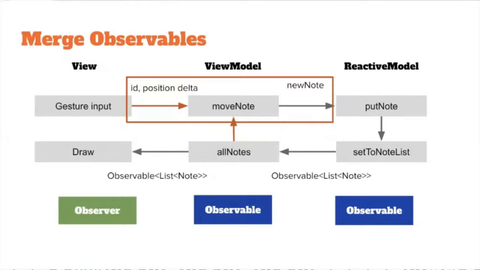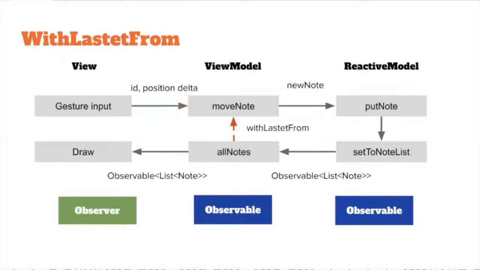But there are different operators in merge observables. We need to choose the correct one, and the correct one is withLatestFrom. We can use this operator. So what does this operator do? This operator only emits the latest value once.